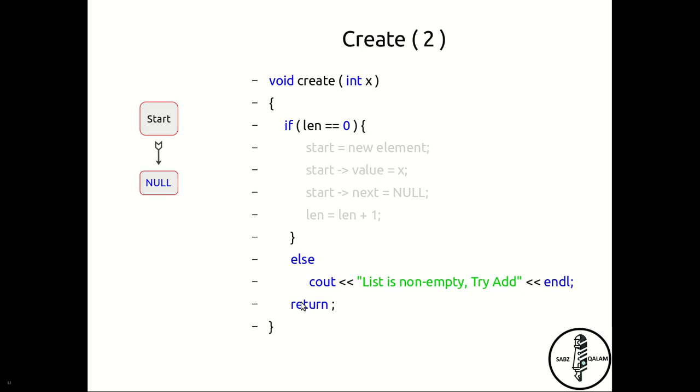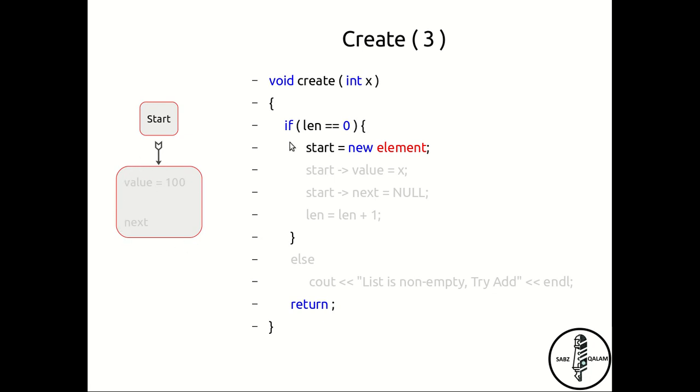But the next part is, what if the length is actually equal to 0? Well, if the length is equal to 0, start should be pointing to null. Start should rather now be pointing to an element. And start has been assigned as new element, now allocates within the memory a portion equal to the size of this element, and now allows start to store the address of this entire location. So then start's value has been updated to x.